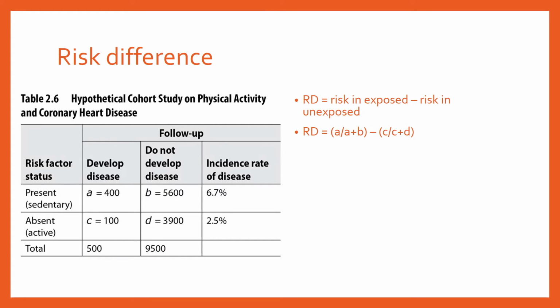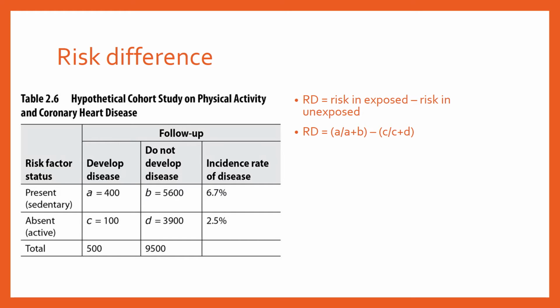Okay, now let's look at risk difference with the 2x2 table. Remember, the formula for risk difference is the risk in the exposed minus the risk in the unexposed. Simple, just a difference between 2 numbers.